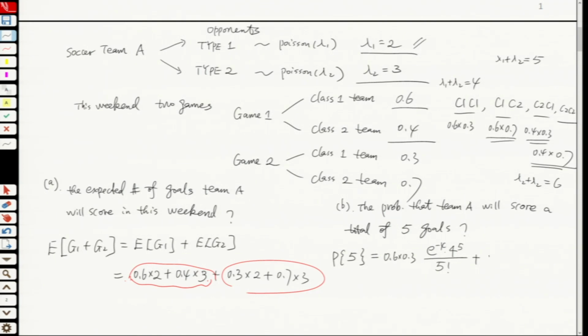So this is 0.42 plus 0.12, okay, times exponential minus 5 times 5 to the 5 divided by 5 factorial, plus 0.4 times 0.7 times exponential minus 6 times 6 to the 5 divided by 5 factorial.